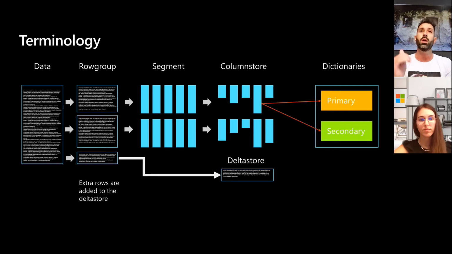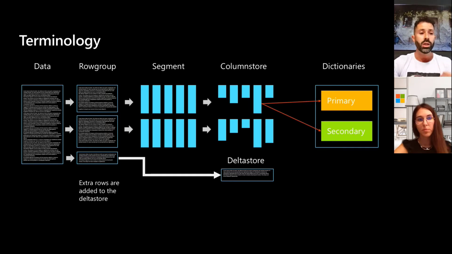Delta store is a place where we store your updates, your insert, your delete before we apply compression. Every time that we insert, update, or delete, we go straight forward to delta store, not to the column store index itself, because it's an expensive operation. We cannot do it every single time.